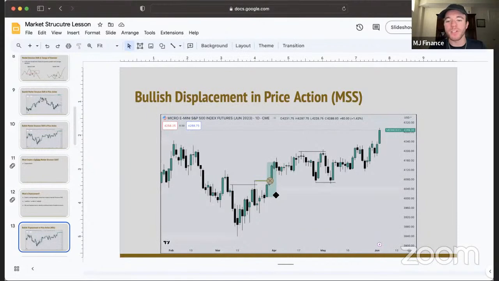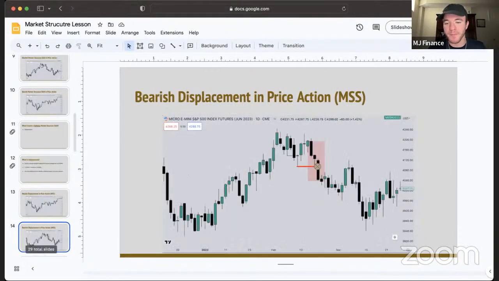Quick, energetic push that overlaps the most recent swing high in a downtrend. So notice how price was in a downtrend, making lower highs, lower lows, until it wasn't. We get the market structure shift with displacement, price consolidates, and then goes higher.